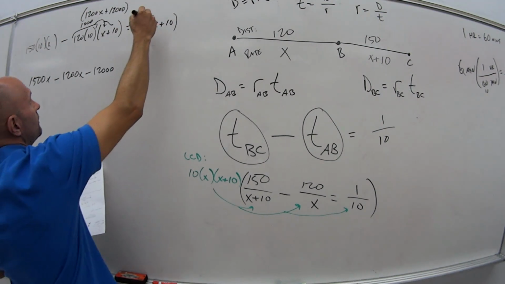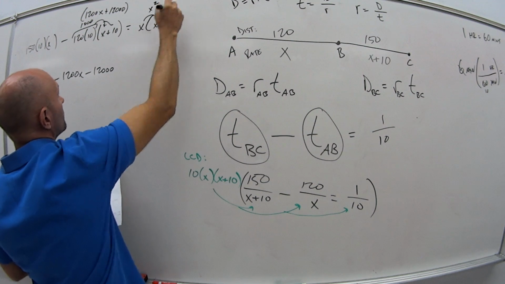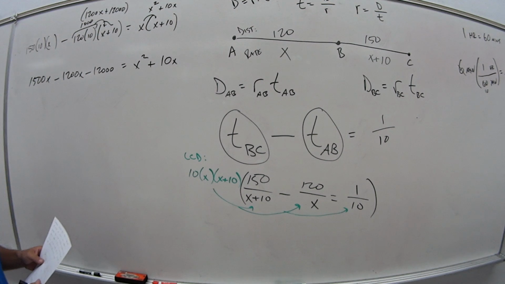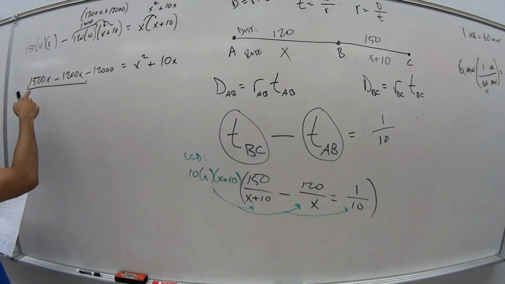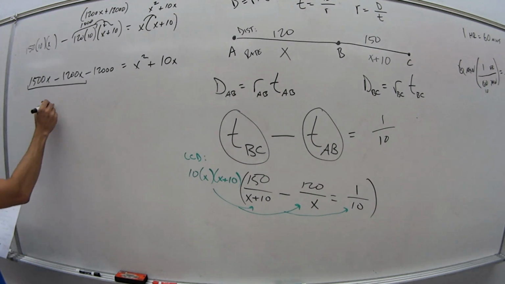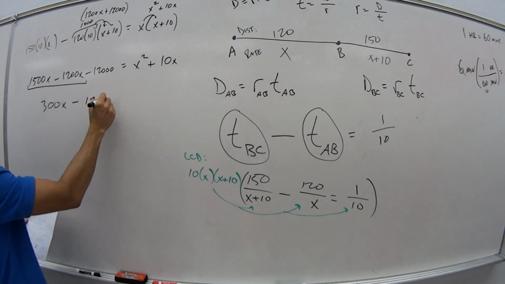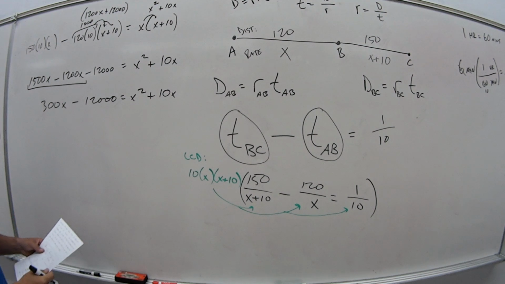And then here, if I distribute this, what do I get? I get x squared, and then plus 10x. X squared plus 10x. So on the left side here, 1500x minus 1200x is 300x. Minus 12,000 equals x squared plus 10x.